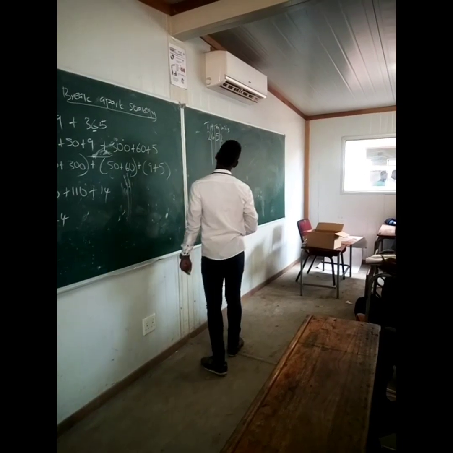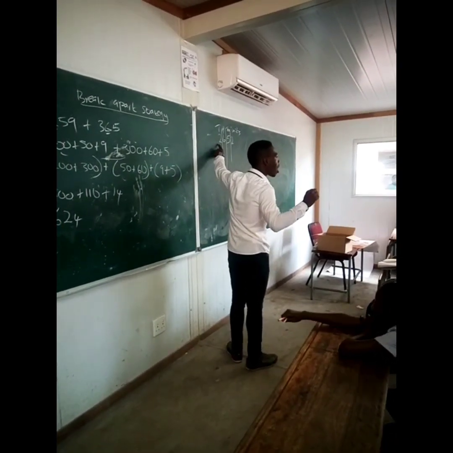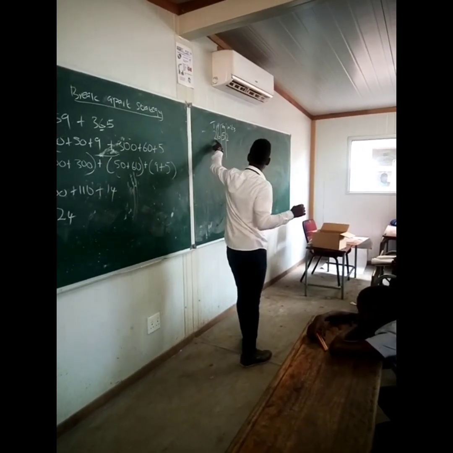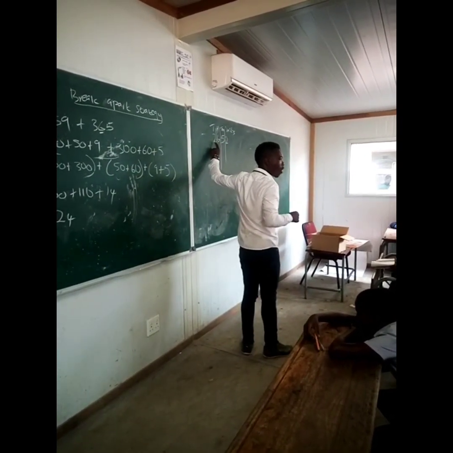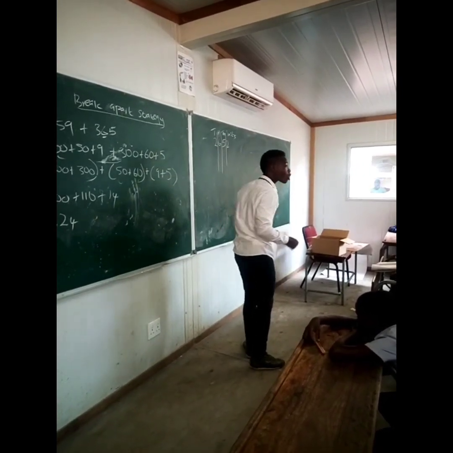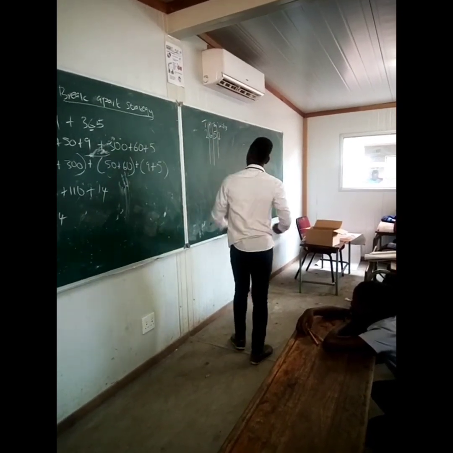Now, let's break it apart. When we break it apart, we start by doing what? According to you, how many zeros does the 2 have? 3 zeros, because it represents the what? 1,000.